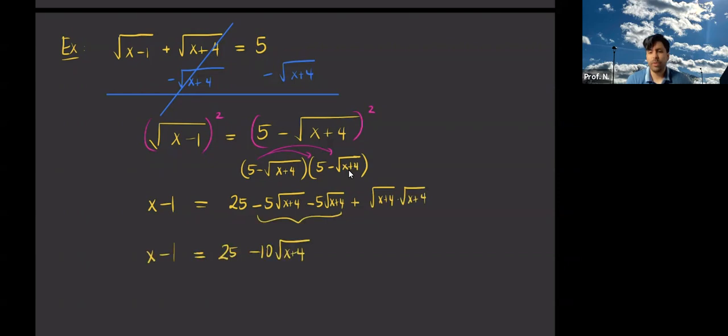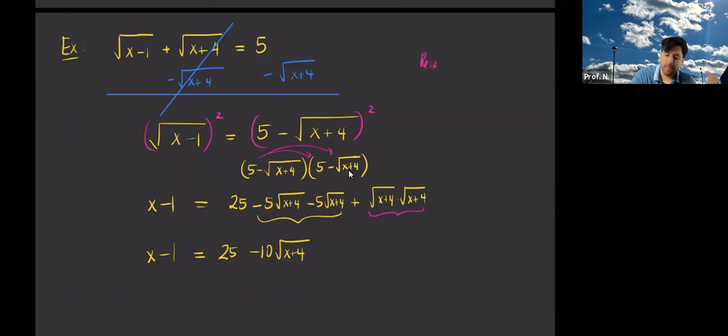So what is the square root of x plus 4 times the square root of x plus 4? What happens when you take the square root of something and multiply by the square root of that same thing? Remember?